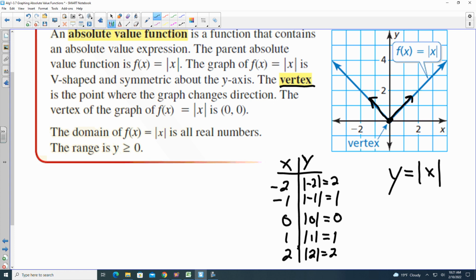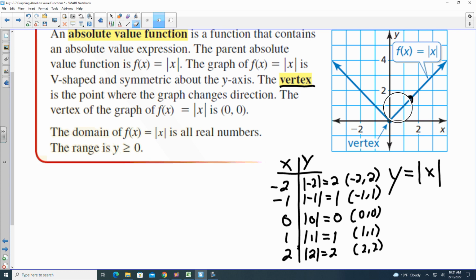So I have this series of ordered pairs. The ordered pairs become -2, comma 2. This is -1, comma 1. This is 0, comma 0. This gives us 1 comma 1, and this gives us 2 comma 2. If I were to plot these points on the graph, -2 comma 2 is right here, -1 comma 1 is right here, 0 0 is right here, 1 1, 2 2.